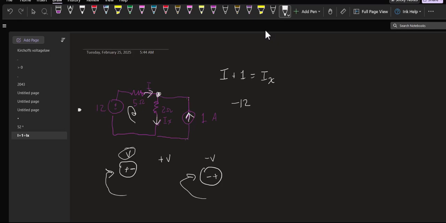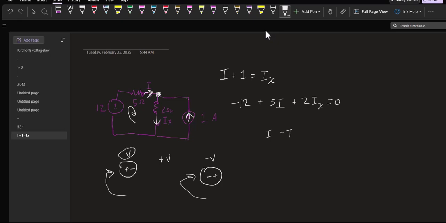And as you go across a resistor, if you're going in the direction of the current, as in right now I, as labeled, is going to the right, I'm going that direction, then you do plus IR, so plus 5I. Then as I'm coming down this middle branch, I'm going in the direction of IX, so I'll do plus 2IX equals 0.